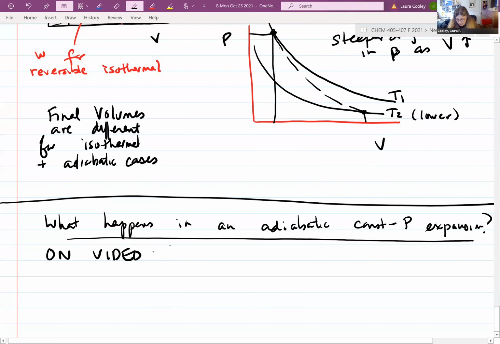I think it says, well, let me see if I can find it. I think it's called Finding Final Temperature for Adiabatic Constant Pressure Expansion.